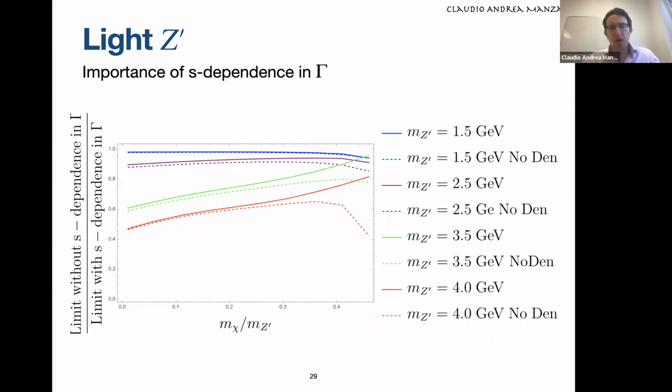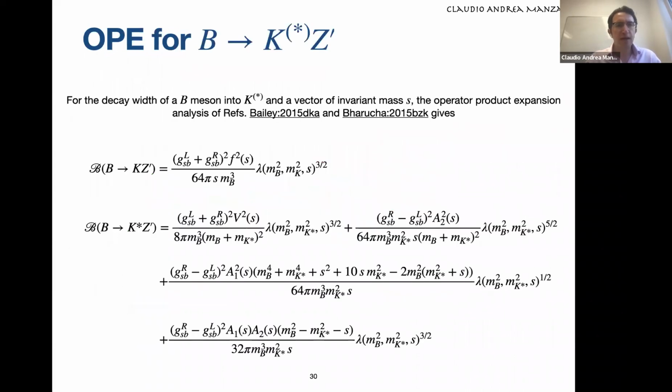Here, just out of curiosity, you can see the effect of the s dependence in the width of the Z prime for different Z prime masses and also different dark matter masses. And I just want to show you this plot to show you that in some conditions, you can even have a factor of almost 50% given by the s dependence.